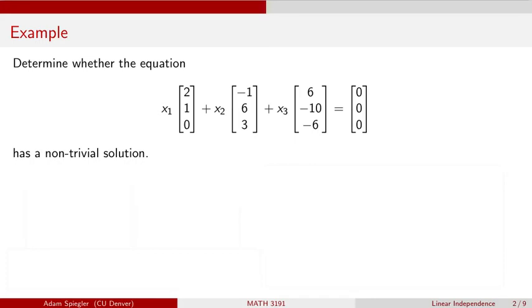We want to see whether this vector equation has a non-trivial solution. Clearly, setting x1, x2, and x3 all equal to 0 is one solution, which we call the trivial solution.